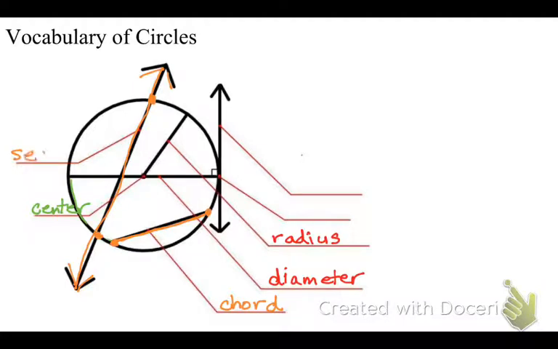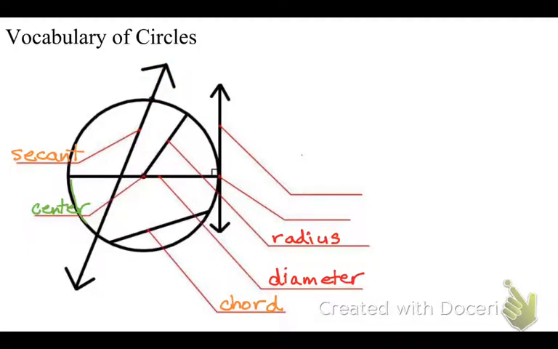And this is called the secant. When you get into algebra 2, into trig, you'll find out that there's another trigonometric function called the secant, but we won't go into that now. But you get to see what's coming. So we've got our chord and our secant.